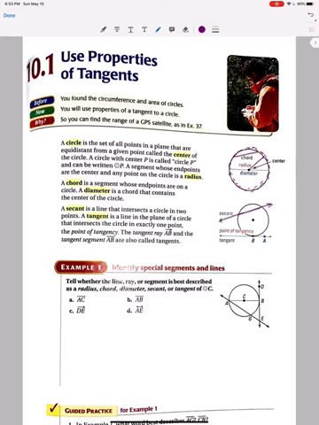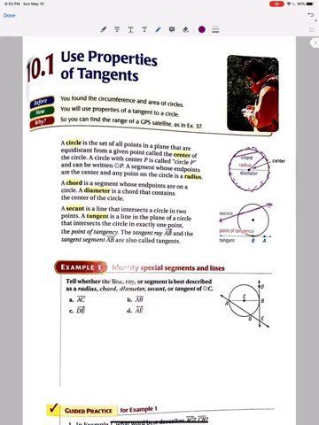And then we're going to talk about this line that's very important. It's called a tangent line. Let's not get this confused with sine, cosine, tangent. Here we're talking about a tangent line. A tangent line is a line that shares exactly one point with the circle, and that point is called the point of tangency.